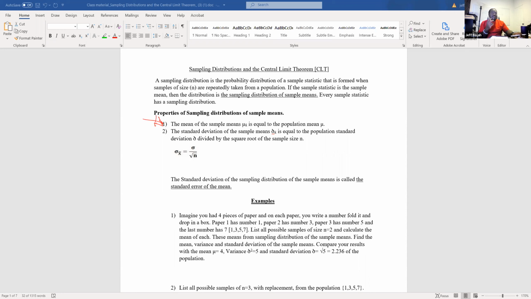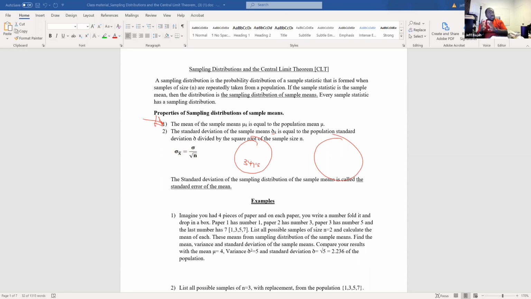So let me explain it again. Let's say, for example, the average age of students at PCC is 34 years. Let's say that's the population average.